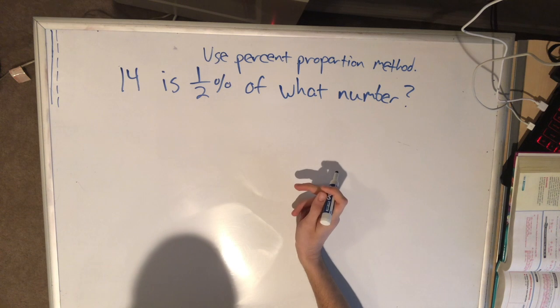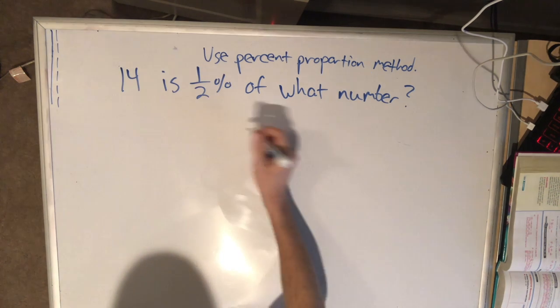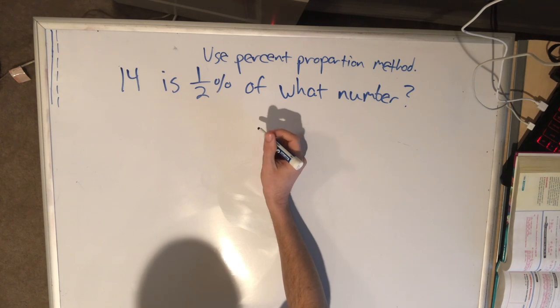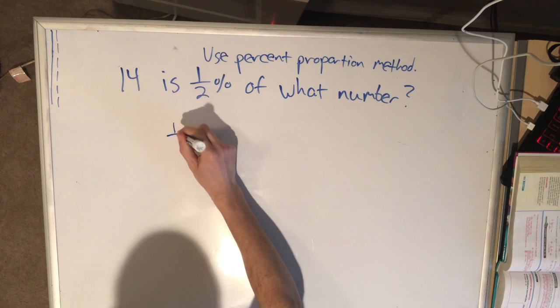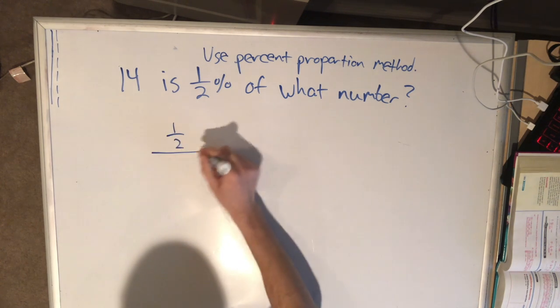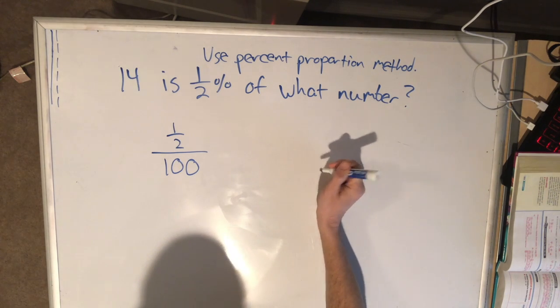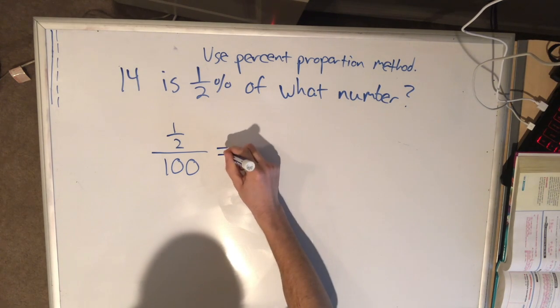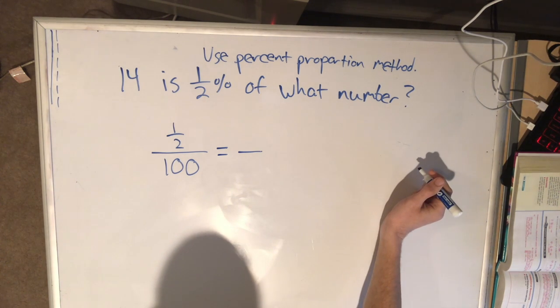So a proportion is 2 equal ratios or 2 equal fractions. First, let's take the percent and make it into a fraction. So 1/2% is 1/2 over 100, because percent tells you how many hundredths you have, and then equals the of number over the is number.